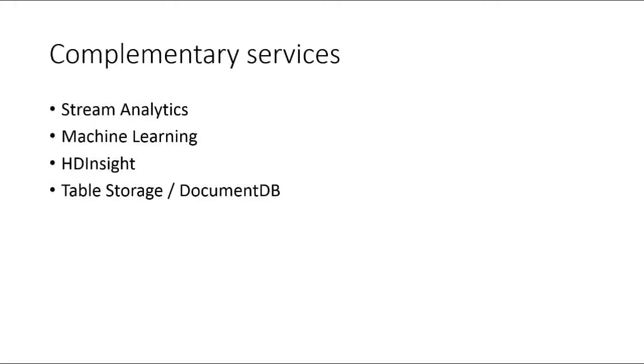Machine learning, I can see a lot of potential with Event Hubs there. We can imagine two consumer groups. One consumer group takes data in from the Event Hub and feeds that data into a machine learning algorithm to basically train that algorithm and make it smarter.